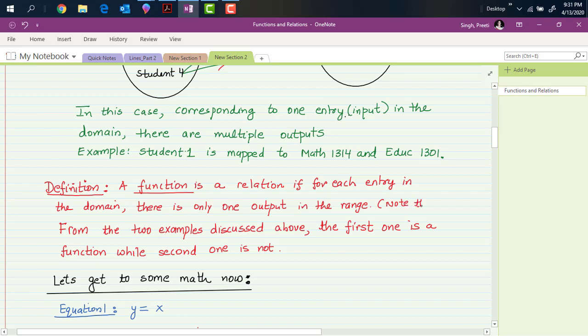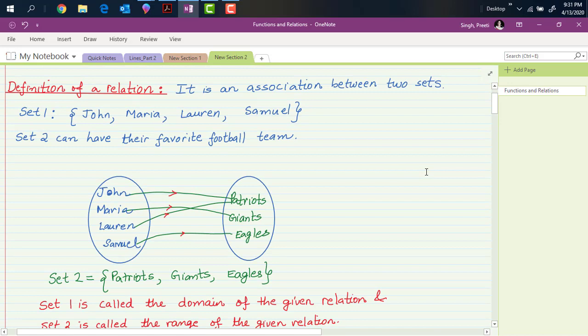For example, in the first one, the Patriots were the favorite team for two people, Lauren as well as John.